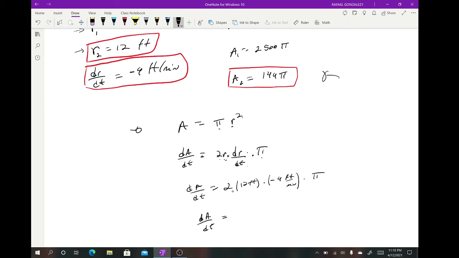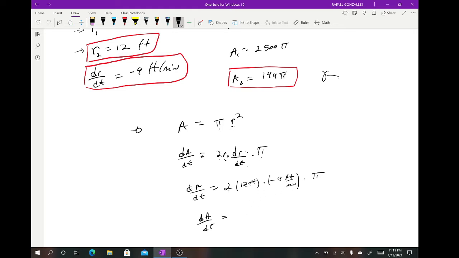Well, if we multiply through here, we have 2 times 12, which is 24, and times 4, that will be 96.